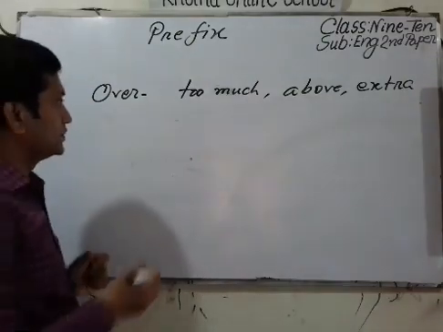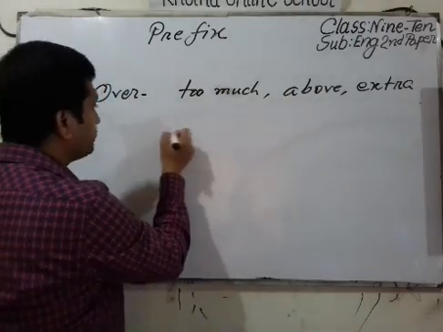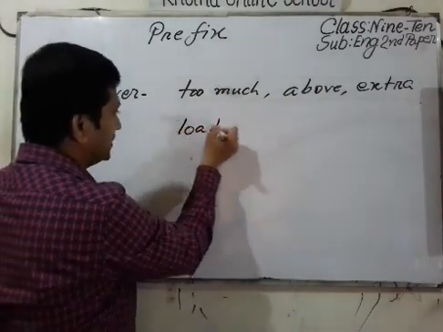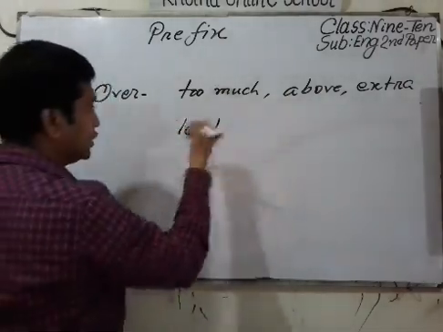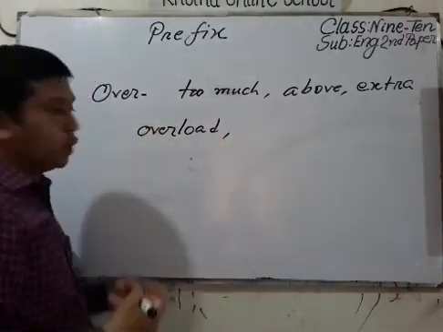So let's see some example words. Over: we can write overload. Suppose load, it is normal load, but overload. Okay. Overcast.